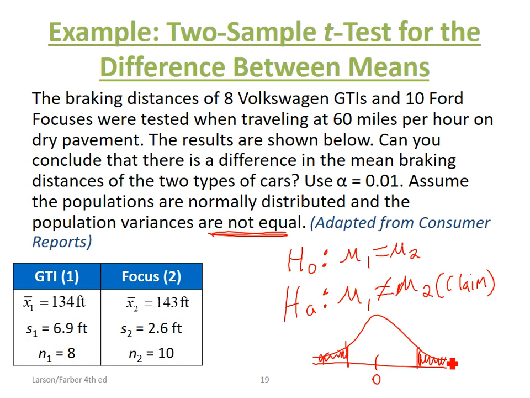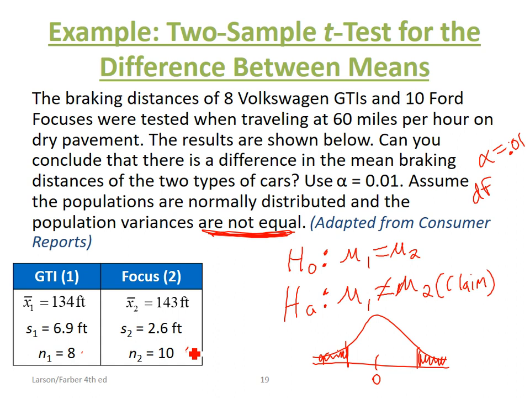Now, get out your charts, your T chart. We've got alpha is 0.01, and we need our degrees of freedom. If the variances are not equal, how do you find your degrees of freedom? What did we just say? Take the smaller one minus 1 and find that one, right? Which one's smaller? 8, right?